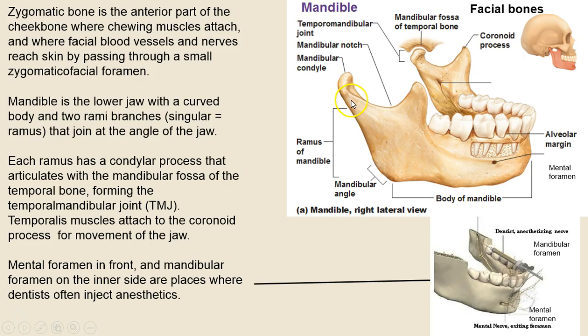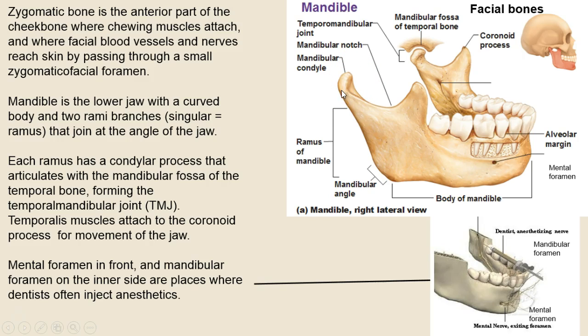There's two rami. I call them two ramuses. I don't know. That's just the way I am. And they're going to form into the mandibular condyle here, which is a major part of the temporal mandibular joint, the TMJ right here. Very important.